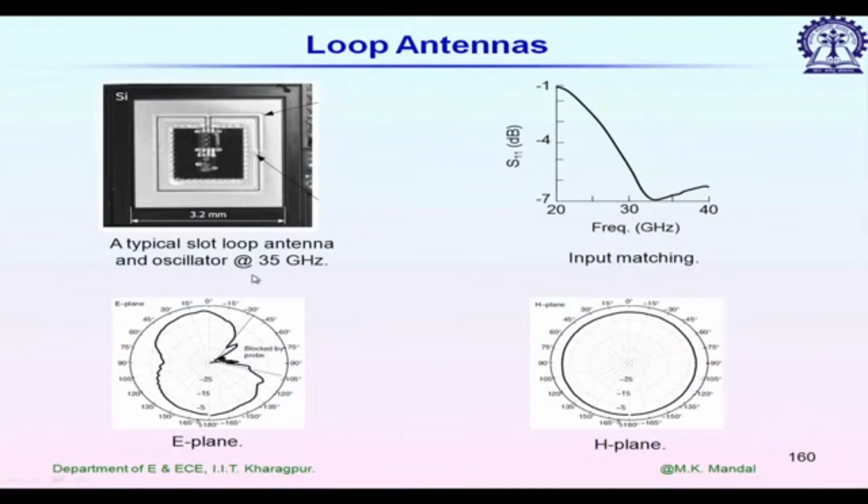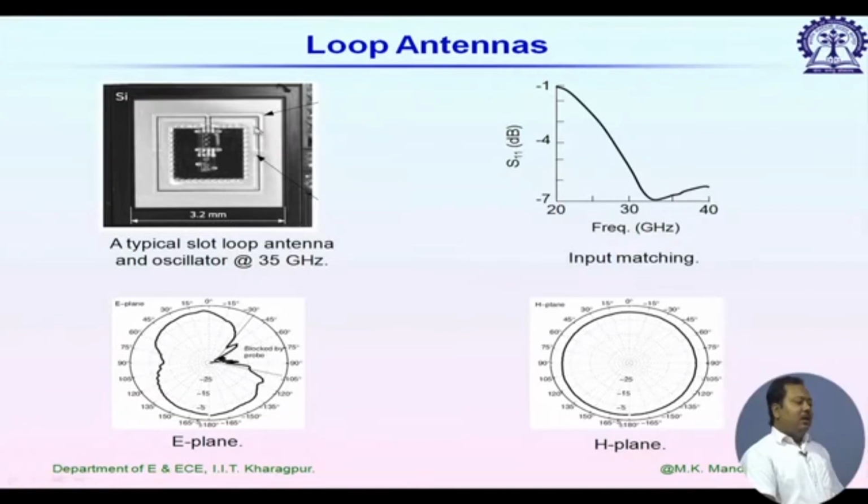This is one fabrication example from IBM. It is designed for 35 gigahertz applications and the typical dimension shown from left to right is 3.2 millimeter, and you can identify the antenna structure. We have a slot loop fed by the CPW line, and also we have a ground plane, and look at the S11 plot.